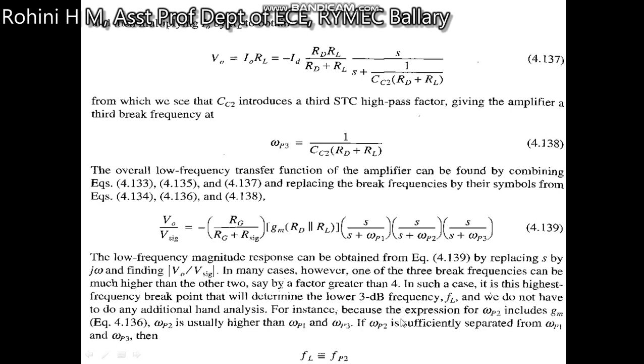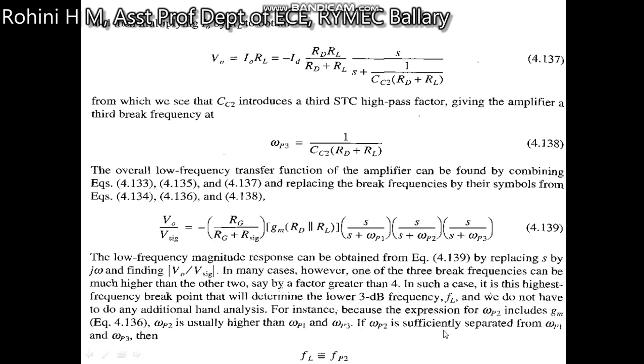Because the expression for omega p2 includes g_m, omega p2 is usually higher than omega p1 and omega p3. Out of the three break frequencies, omega p2 is usually higher than the other two.